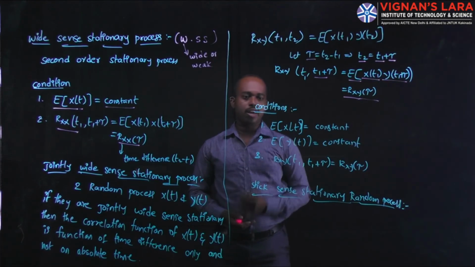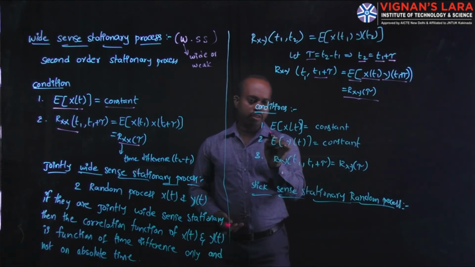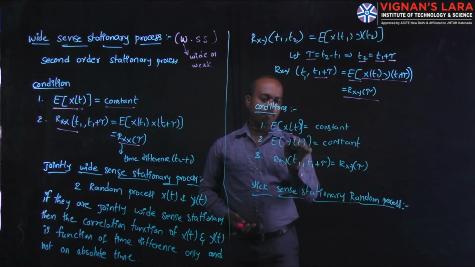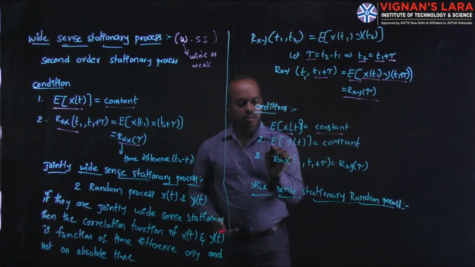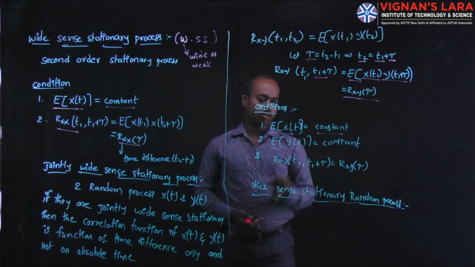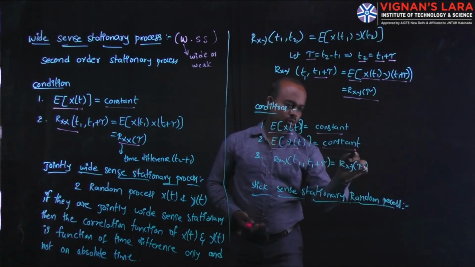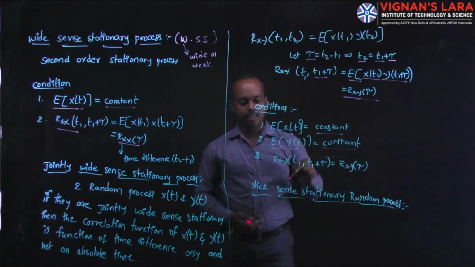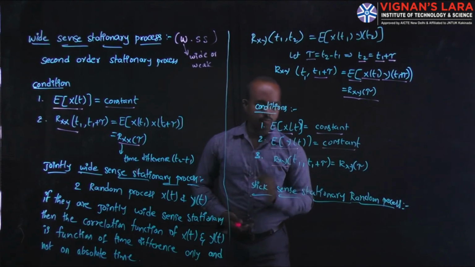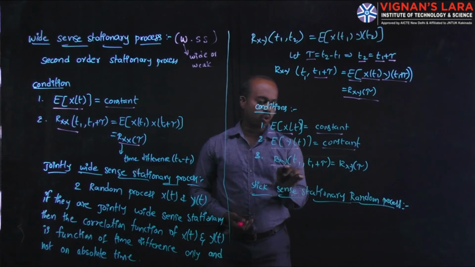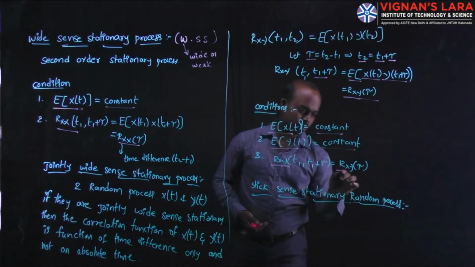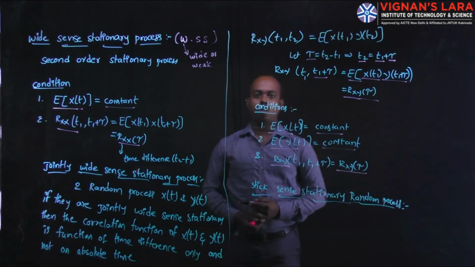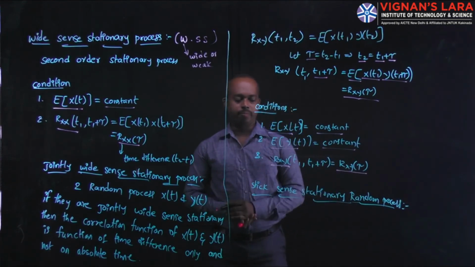The conditions for that are: the expectation value of the random process x(t) is a constant, and the expectation value of the random process y(t) is also constant. And the third one is the correlation, not auto, it is the cross correlation function of x(t) and y(t), which is a function of only tau but not of time.